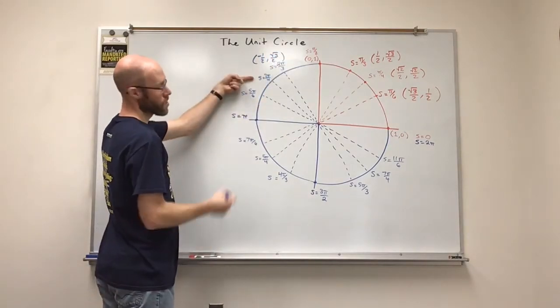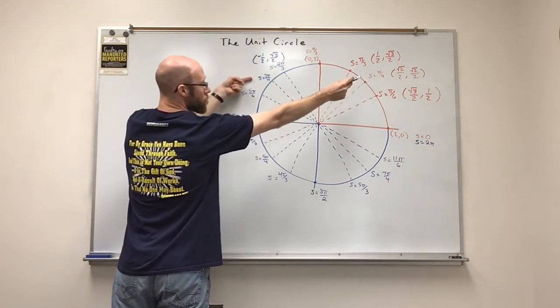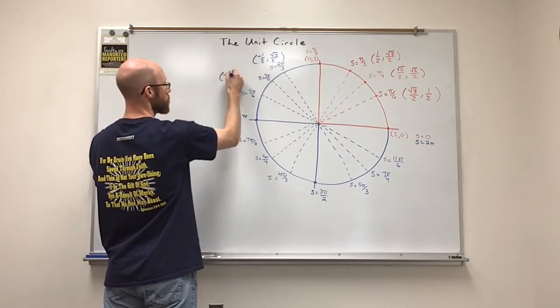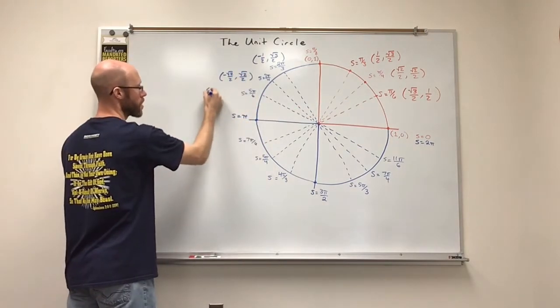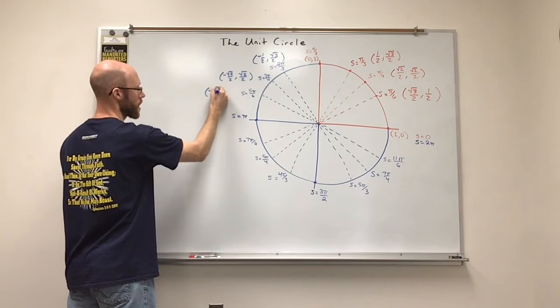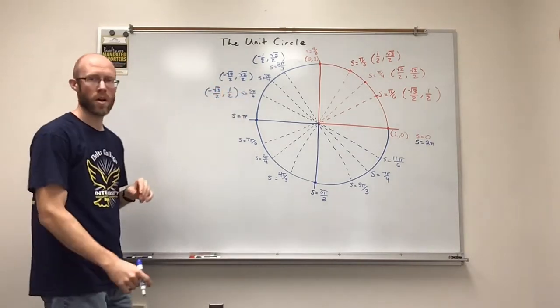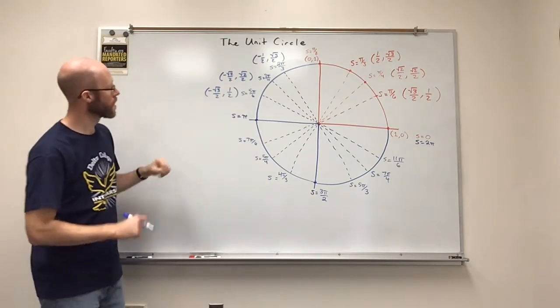Then the 45, which is really 135, you take the √2/2, bring it over and change the sign on the x. So it's -√2/2 comma √2/2. Then we take the other point there, √3/2, change it to a negative, and then keep the 1/2. Okay? So all the x's change sign, the y's stay the same.